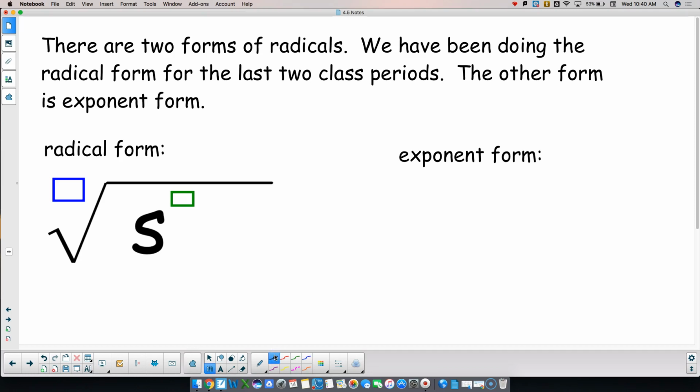So I take my radicand, and it becomes my base. If I have an exponent, it becomes the numerator, and my index becomes the denominator in my new exponent.